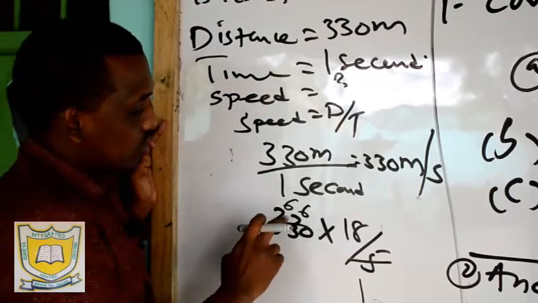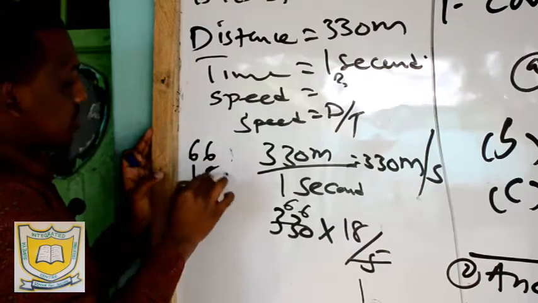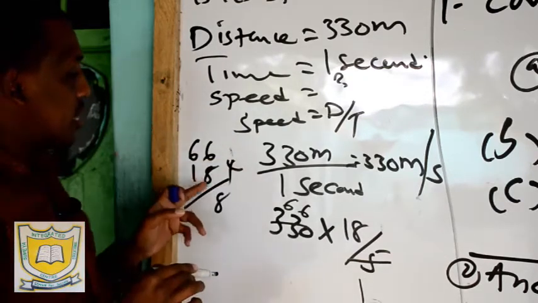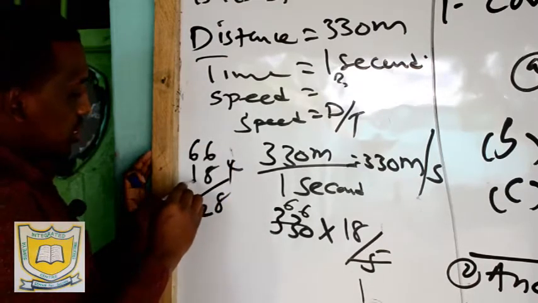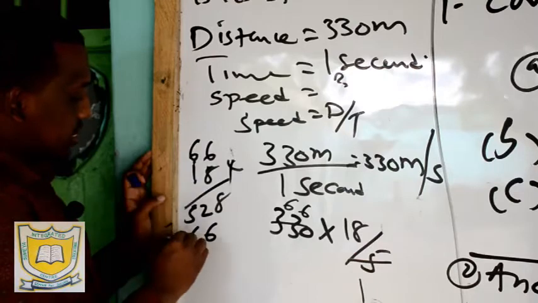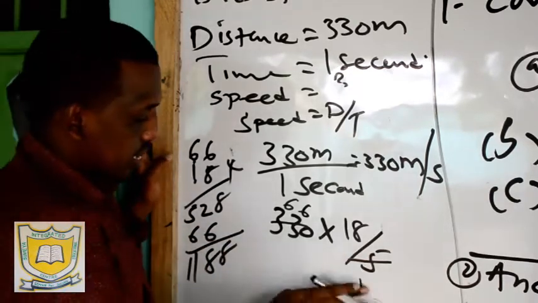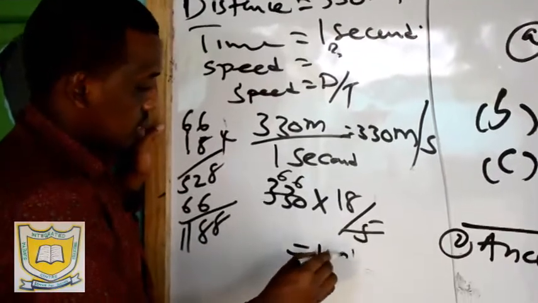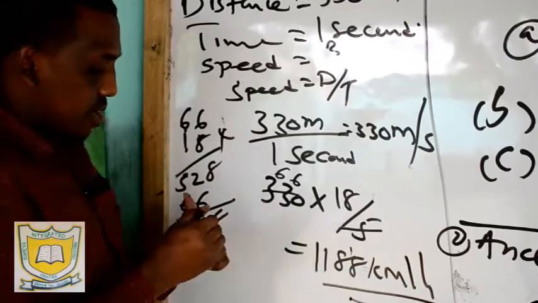So we multiply 66 times 18. 8 times 6 is 48, carry 4, and so on. So our answer here is equal to 1188 kilometers per hour. That is how we find that one.